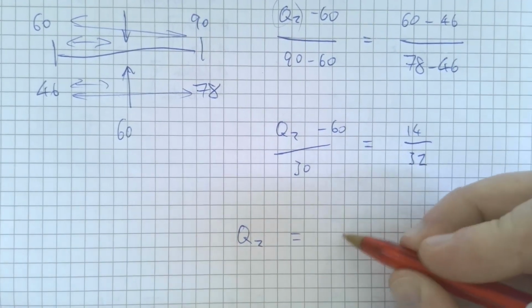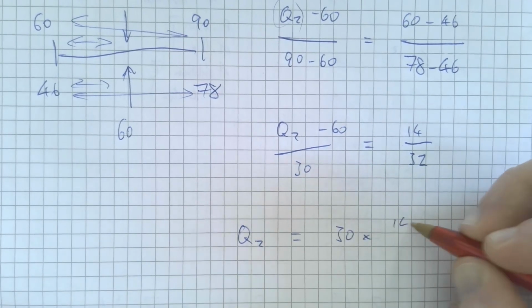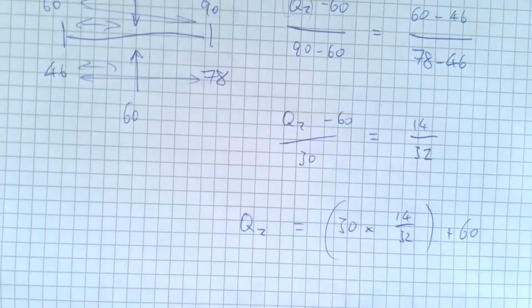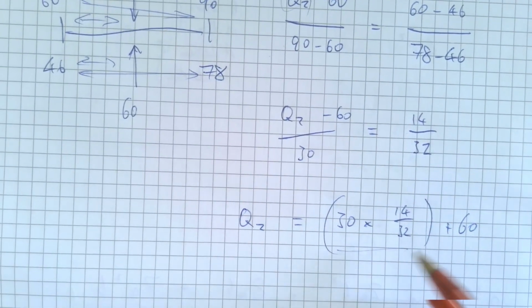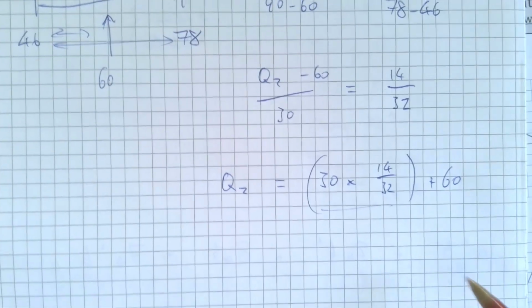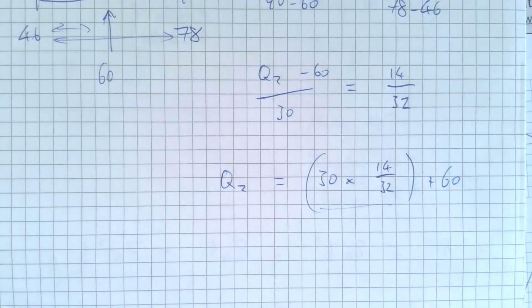It's just a case of doing inverse operations, yeah? Both sides times by 30, this step, and then add 60 to both sides to get rid of this negative 60 there. Okay, I'm going to grab my calculator to do that work.